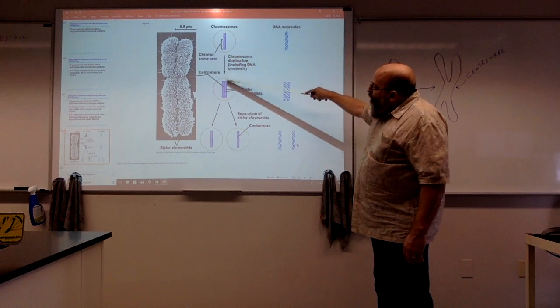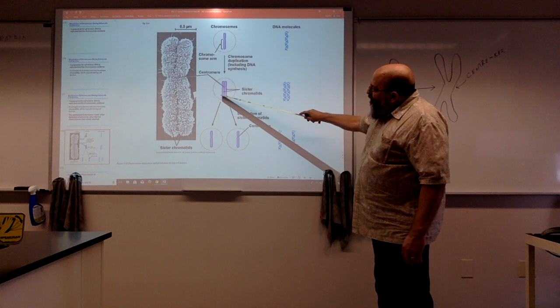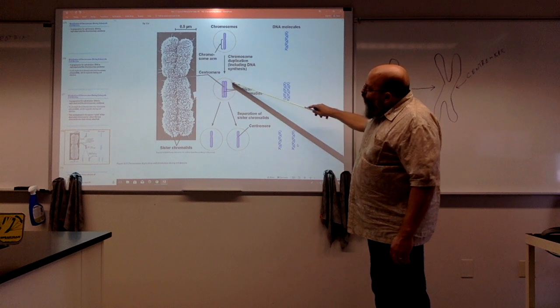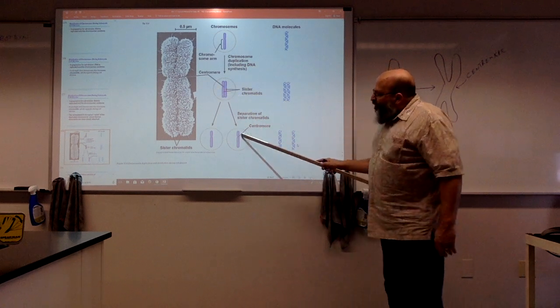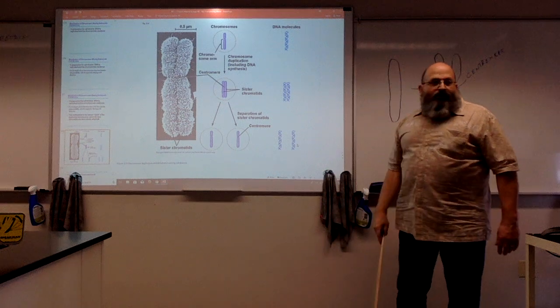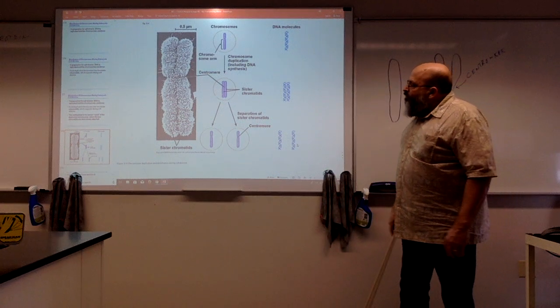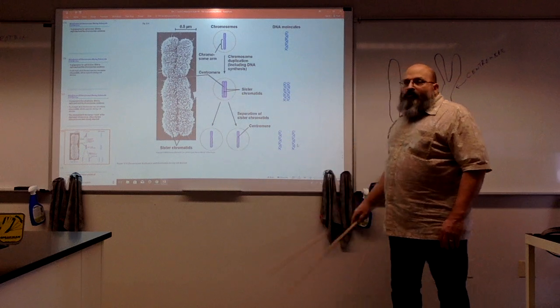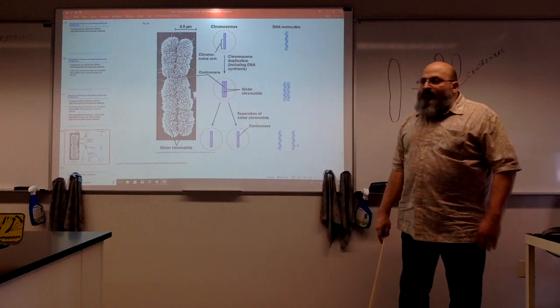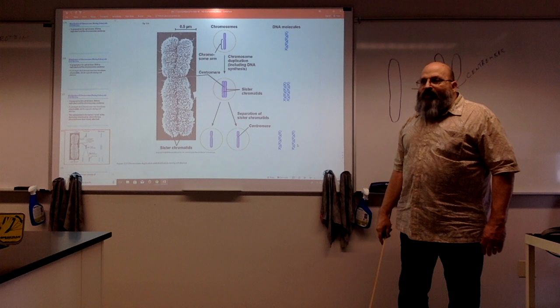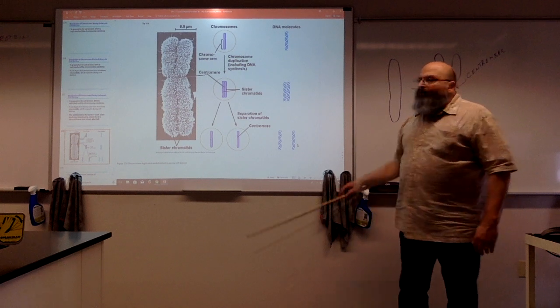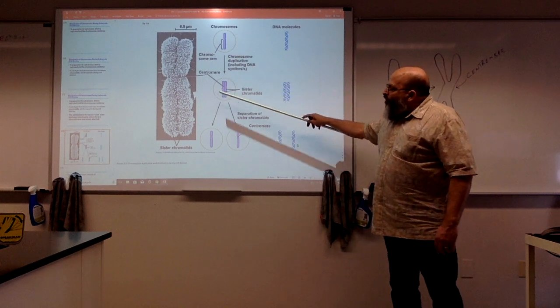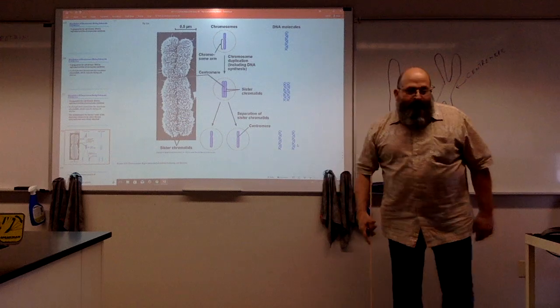It is going to be replicated into sister chromatids. That's still one chromosome, and eventually each new cell will get one of those chromosomes. This will happen with all 46 of your chromosomes. Obviously, we can't show all 46, because that would be a mess. But this will happen with all 46 of yours.